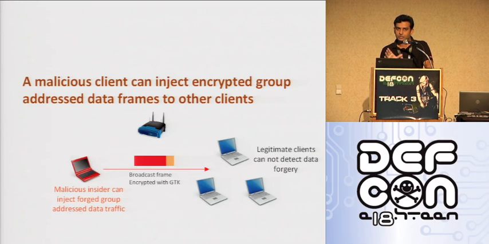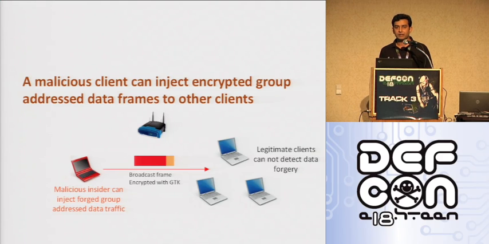So in order to successfully deliver that packet, this insider is going to spoof the MAC address of the access point. Once the attacker sets the MAC address of the access point as the sender of that packet, all clients present in that network and associated with the same access point are going to receive that packet and decrypt it successfully.